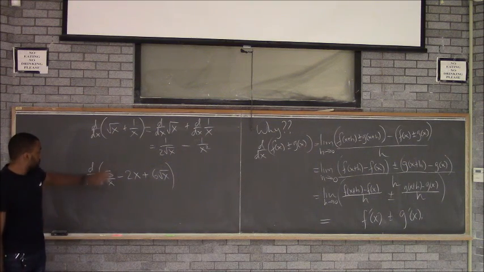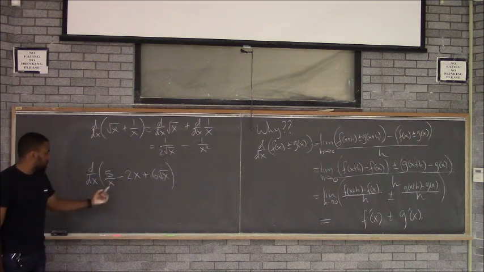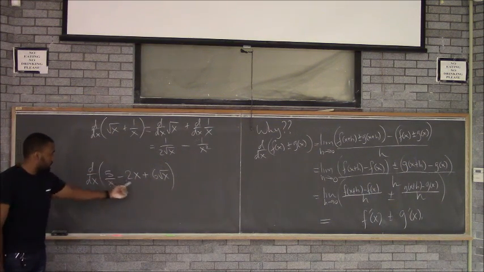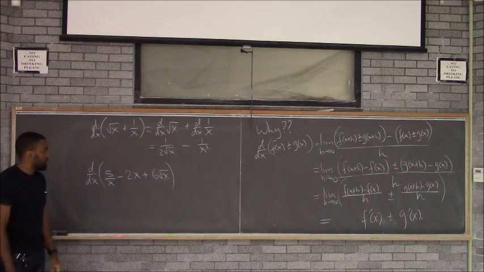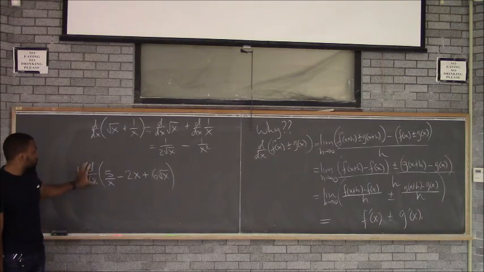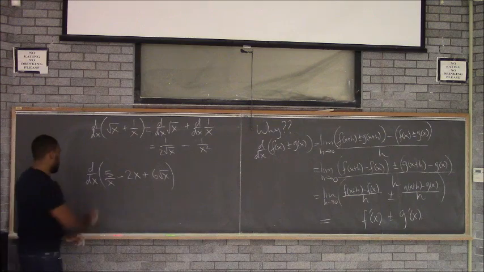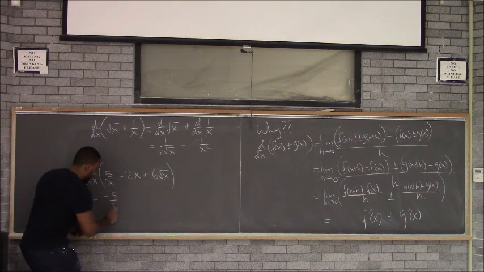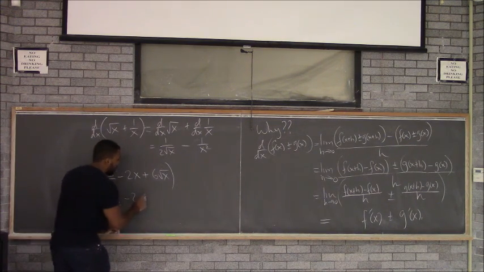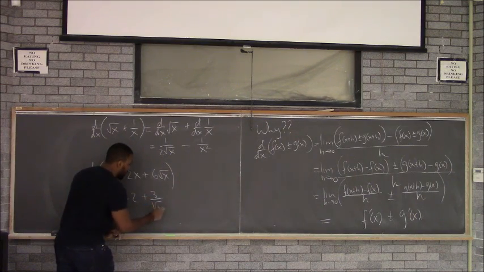The first rule says I can ignore those constants and just differentiate the function part, which is the 1 over x and the radical x, and then just multiply them by the constant. I also know that the derivative is going to separate itself and do each of these separately. So this just becomes minus 5 over x squared minus 2 plus 3 over radical x.